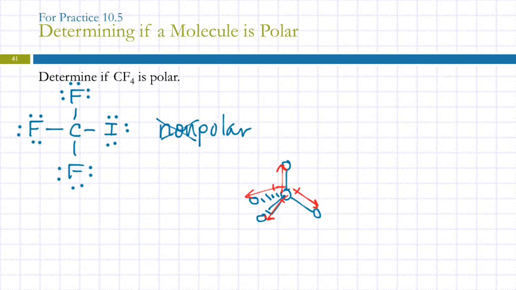So in our picture down here, if this is the iodine, is iodine more or less electronegative than fluorine? It's less electronegative. The difference in electronegativity between carbon and iodine is going to be smaller than between carbon and fluorine, and so this is going to be a little stunted vector.